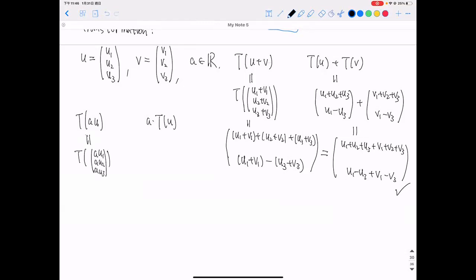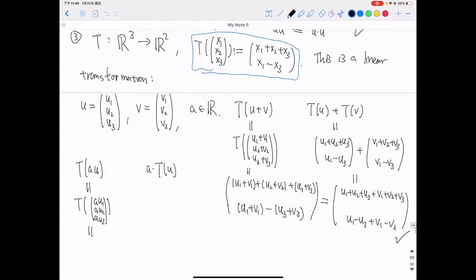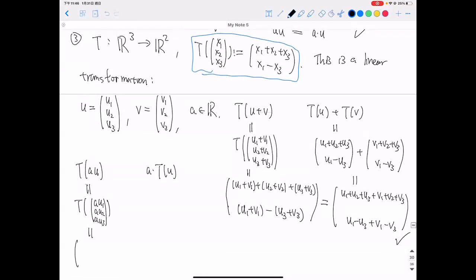What's inside here is A times U. And now you apply the definition of T, giving you AU1 plus AU2 plus AU3, AU1 minus AU3.